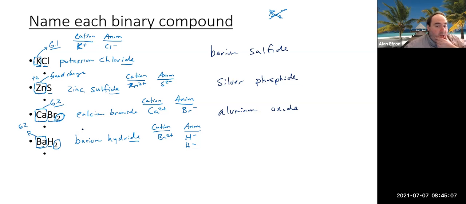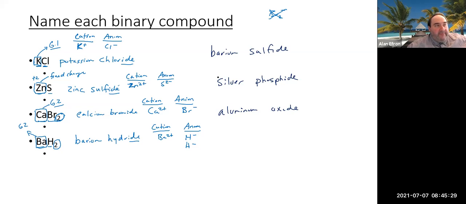Okay. So in addition to being able to name all these things, if you are given a name, you do need to be able to properly write the formula for those. Writing the formulas is not too difficult, except sometimes people make it a little more difficult.